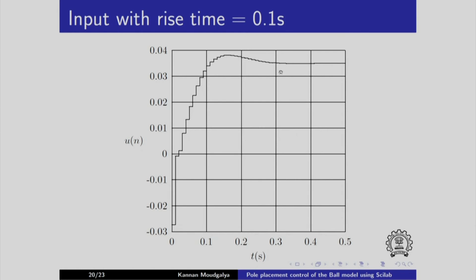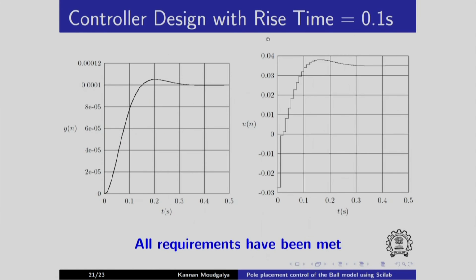Here is the input for the same situation. So now we see that all the requirements have been met. This is the plant output, this is the plant input, controller effort, and the overshoot condition is met. It also settles, in fact, a lot earlier, about 3 times this.